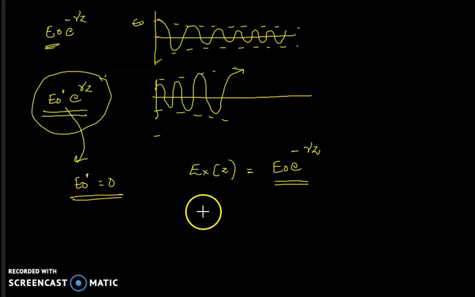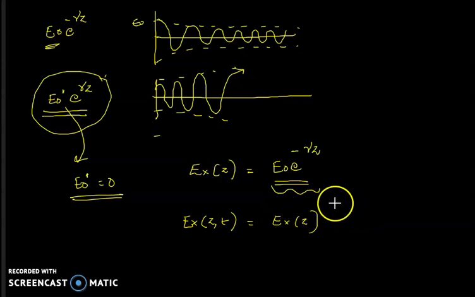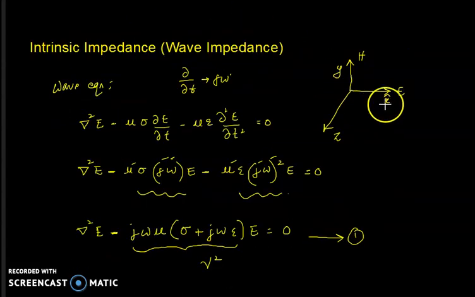Now I am going to express this E of x, that is propagating along the z-axis, in the time varying complex form. It is a function not only of space but also of time t. So E of x is the z component multiplied by the complex function e power j omega t, and that is varying along the x-axis.